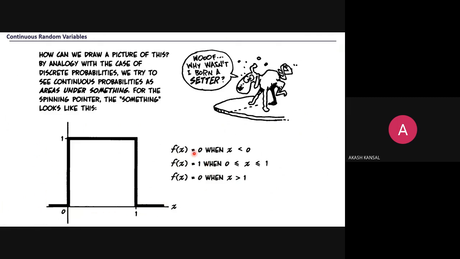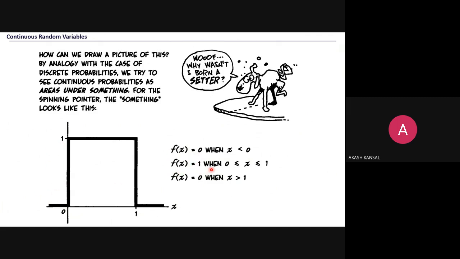From this graph, what I see is Fx will be 0 when x is less than 0. Fx is the area under the graph. Clearly, the value cannot be lesser than 0, because the points which are available are 0 to 1. So for x less than 0, Fx will be 0.